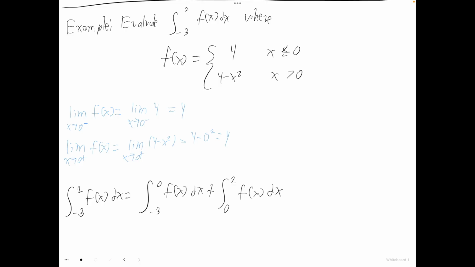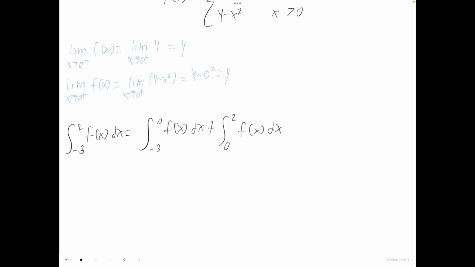The reason we're splitting at 0 is that's where it changes formulas. For the entire first part, from negative 3 up to 0, we have the same formula, namely 4. And from 0 to 2, we have the same formula, namely 4 minus x squared.